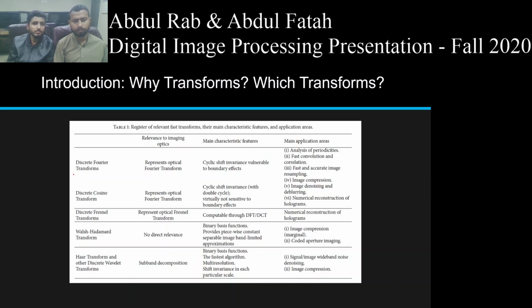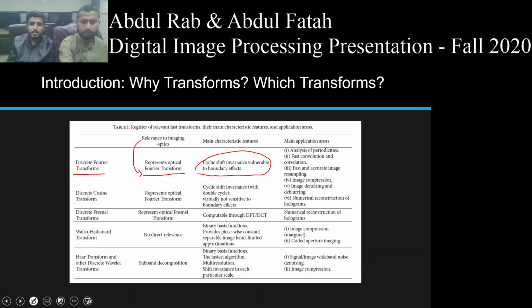First comes the discrete Fourier transform, whose relevance to image optics is that it represents the Fourier transform. The main characteristic of the discrete Fourier transform is cyclic shift invariance, but it is very weak at the boundary effects because it has less effect on boundaries.